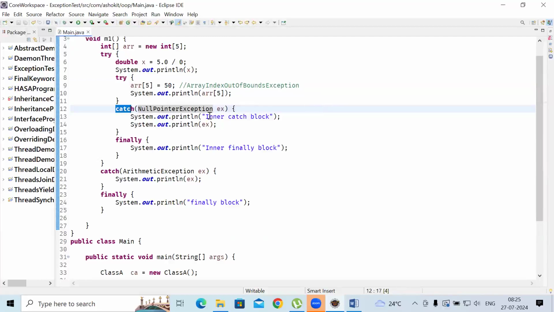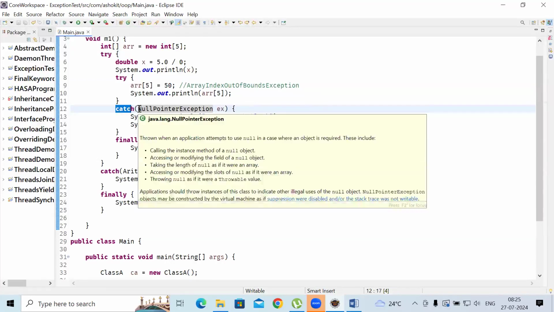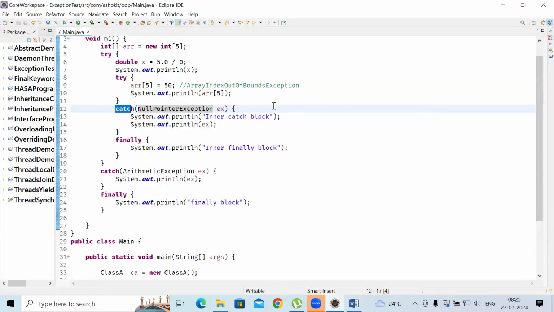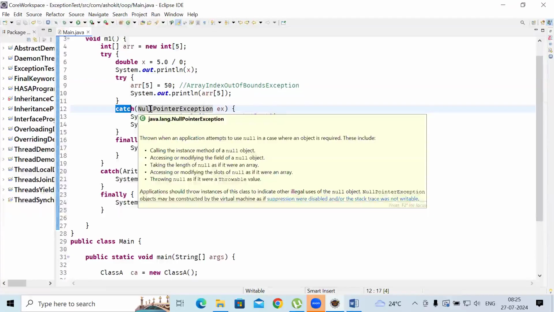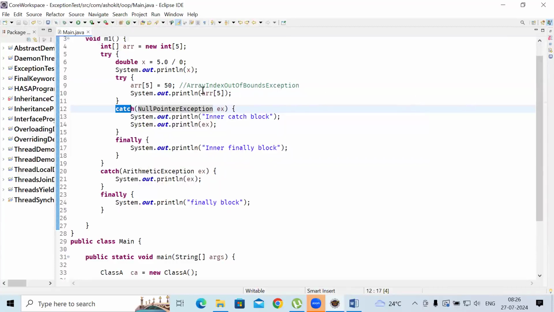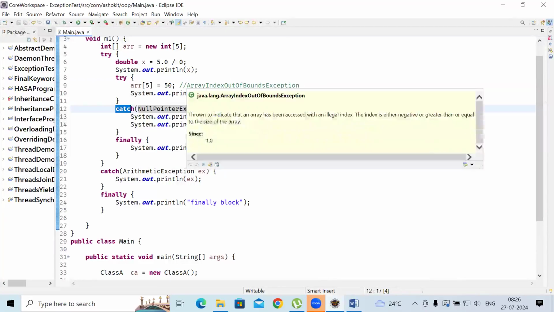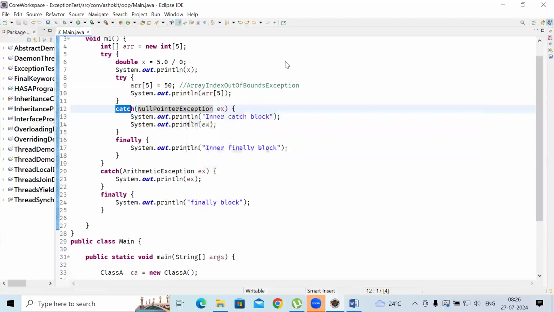No. This catch is for null pointer exception. It is ready to catch null pointer. Did you get my point? But what is the actual exception that occurred? Array index out of bounds exception. Oh my God. So it cannot handle. Am I clear? Yes, sir.